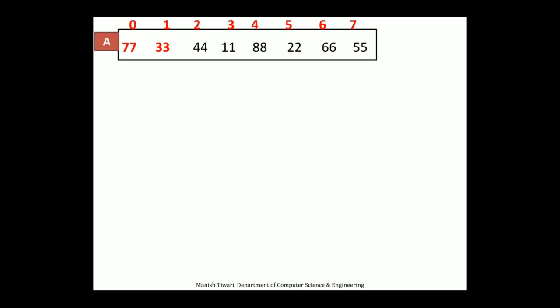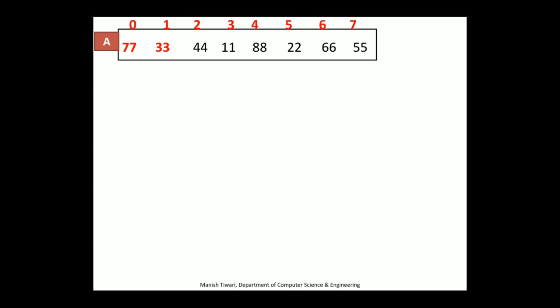Then A3 and A4 will be compared, then A4 and A5, then A5 and A6, and finally the last two elements A6 and A7 will be compared. If any of these are not in correct order, we will swap them, and if they are already in correct order, we will not make any changes.